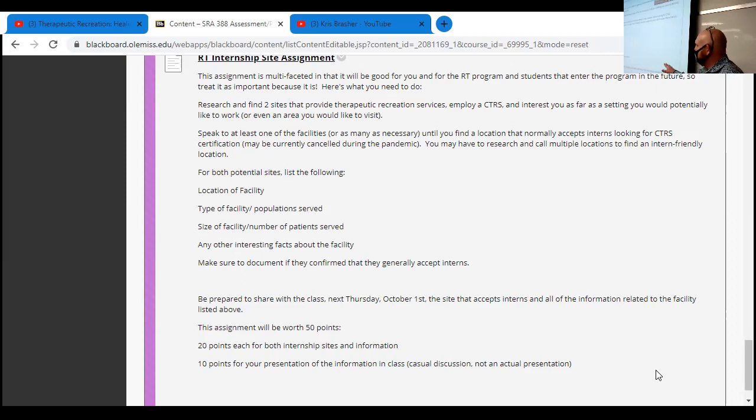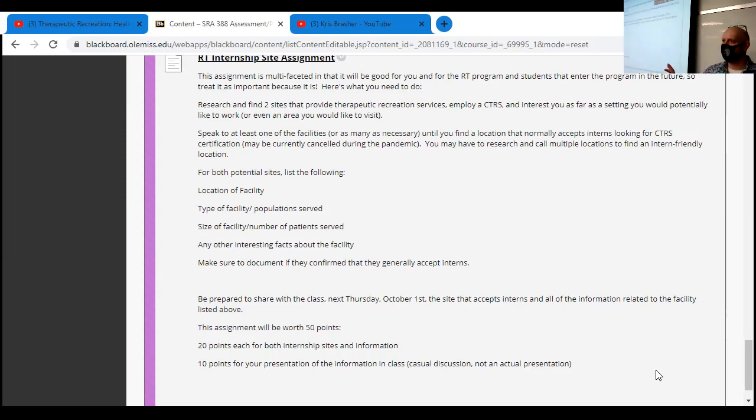So it's 50 points: 40 of the points are you giving me the information that's listed right there, and 10 points is you just telling us about the two places you found. Make sure that they both have CTRSs on staff and provide therapeutic recreation services.